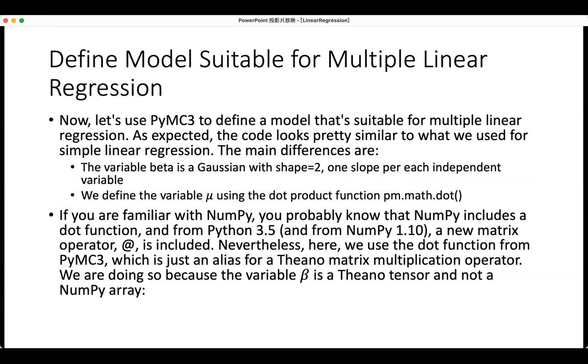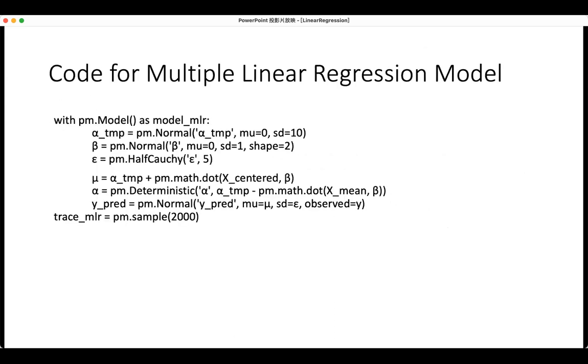Now we can use PyMC3 to define our model. Let's just look at the piece of code, I think that's probably easier.